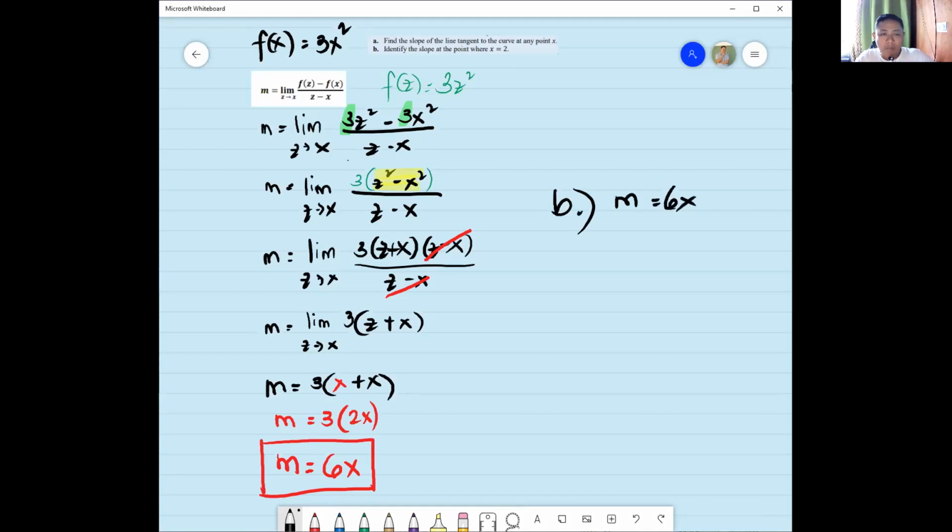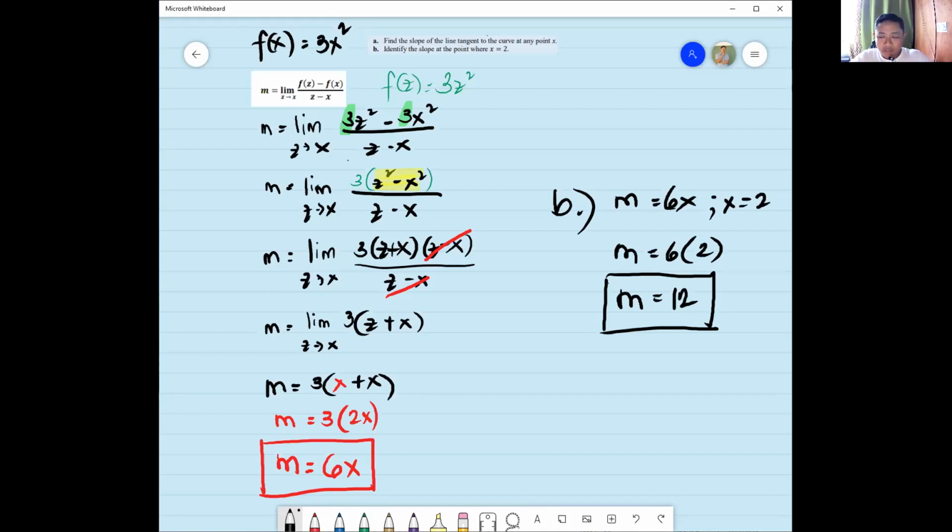That's our slope formula. And x is equal to 2. So let's substitute. M is equal to 6 times 2. So our slope will be 12. Since it's rise over run, when we graph this, this is actually 12 over 1. Okay? So that is the value of the slope when x is equal to 2.